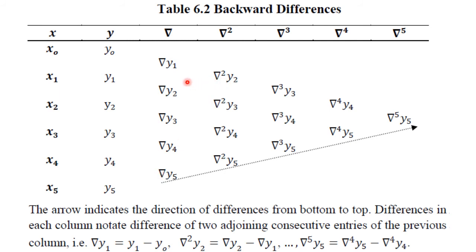If you see the difference here, this is called the second backward difference, similarly the third, fourth, and fifth backward differences. Now, considering the backward difference operator on y5: first operator on y5, second operator on y5, third operator on y5. So you are going from the bottom to the top. This arrow indicates the direction of the differences, from bottom to top. In this way you can easily calculate the values.